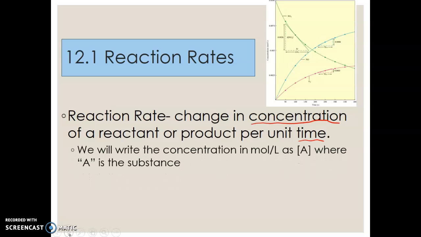We will write the concentration in moles per liter as A in brackets, where A is the substance. So you would just put what is the concentration, like is it 4 molar? You would put that in with what the substance is in the brackets.